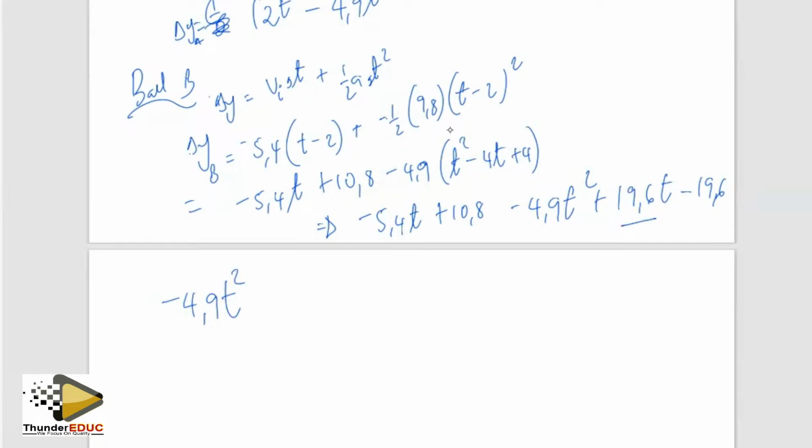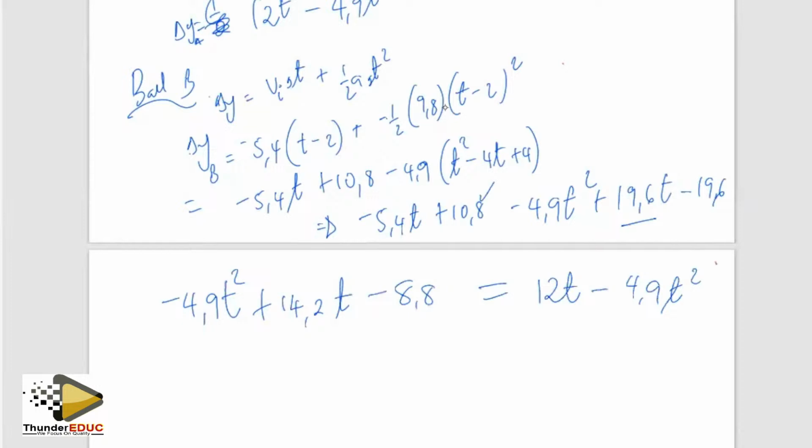So 19.6, we are subtracting 5.4, that gives me 14.2. And then the 10.8, I subtract the 19.6, that gives me negative 8.8. I'm equating this to the first one, which was 12t minus 4.9 t squared.